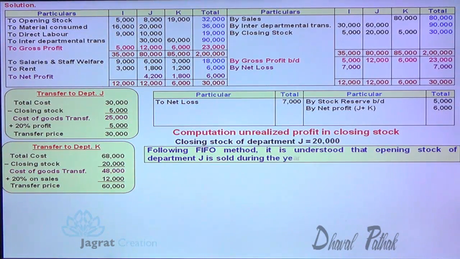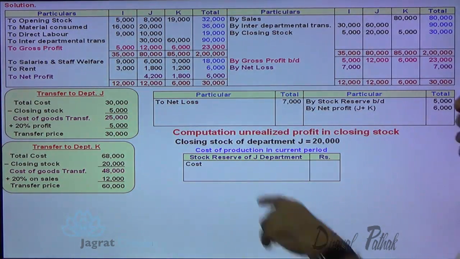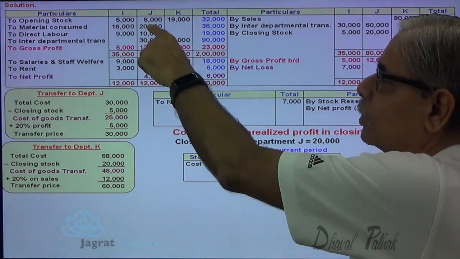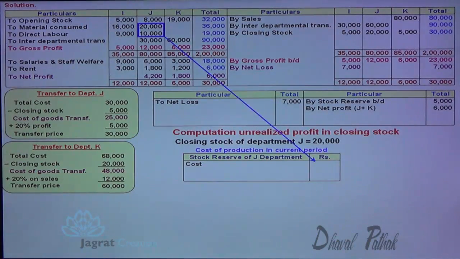Following the FIFO method, it is understood that the opening stock of department J is sold during the year. Now, I want to find out the stock reserve. So cost element other than opening stock: 20 plus 10 plus 30, 60. So 30,000 plus 30,000, total 60,000.